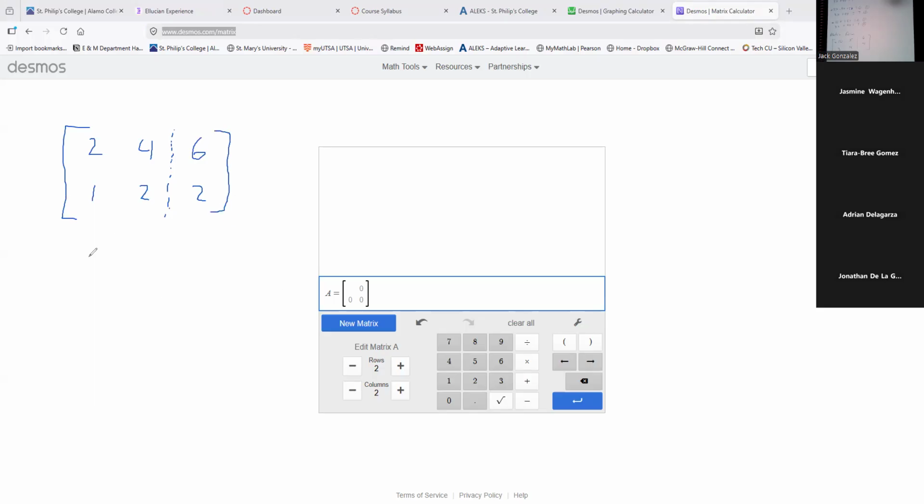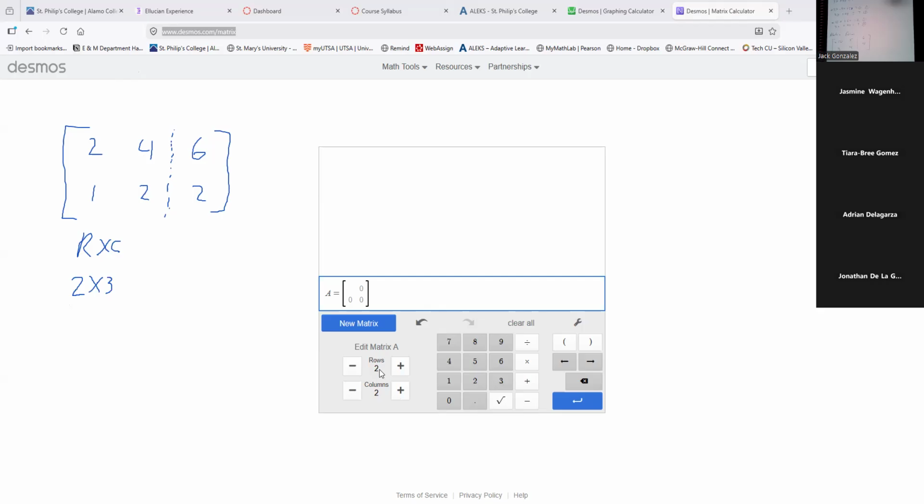So remember, the dimensions of this, just so you know, the dimensions are always row by column. One of the old books used to say, remember RC Cola, row column. So we have 2 rows and 3 columns.